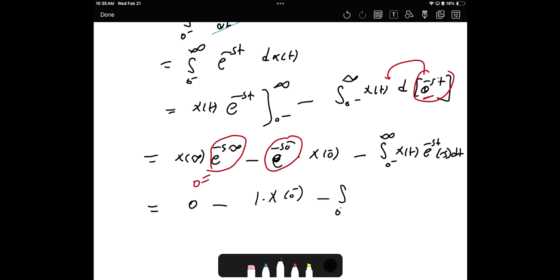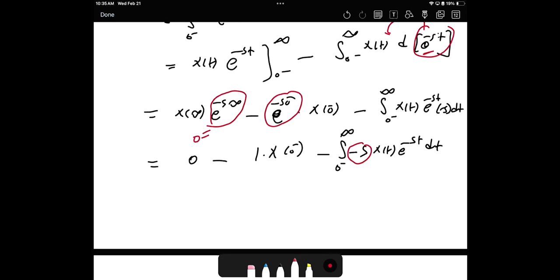Minus the integral from 0 to infinity. So here, negative s times x of t e power negative st dt. We can put negative s outside of the integral. So the answer will be negative x of 0 minus, minus negative s, which is positive plus s, times the integral from 0 minus to infinity of x of t e power negative st dt.